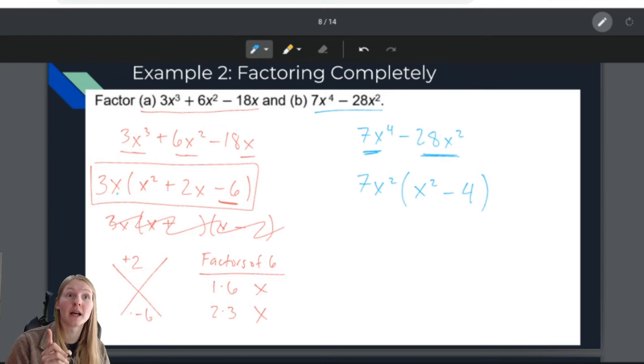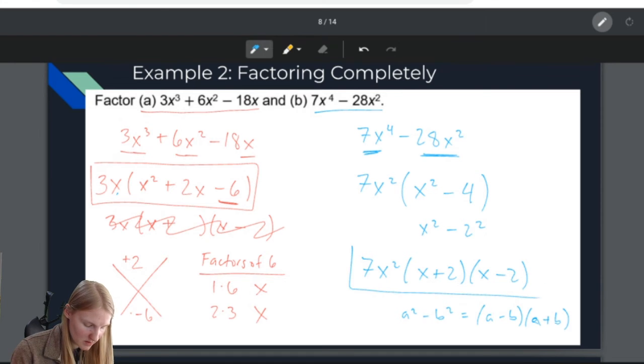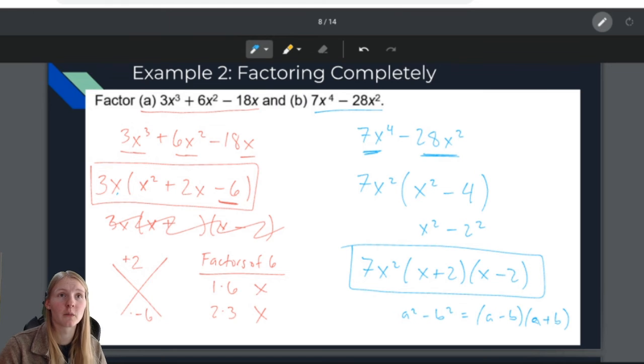And hey, x squared minus 4, this is x squared minus 2 squared, which means that I have x plus 2, x minus 2. Because of that pattern, when we had a squared minus b squared, that's equal to a minus b, a plus b. Beautiful. So that's our final answer. Awesome.